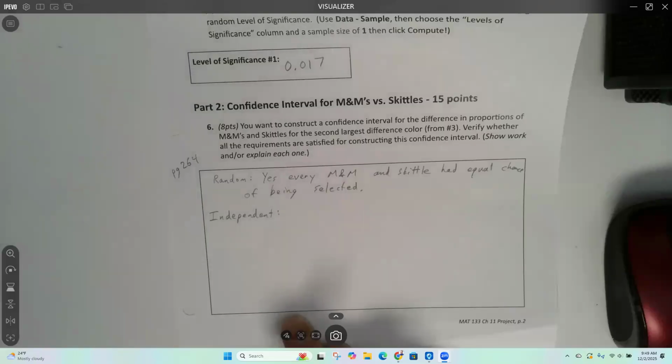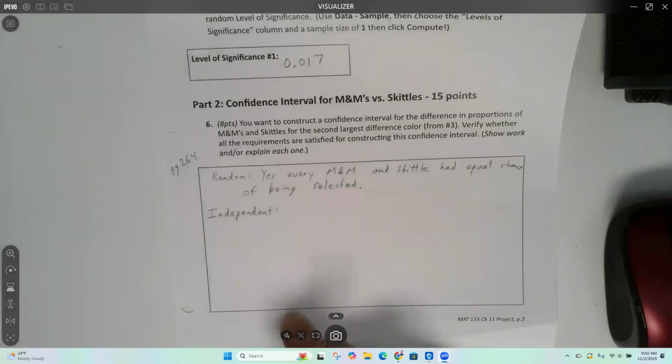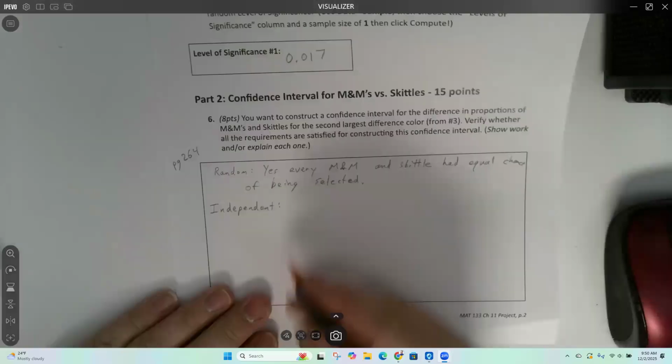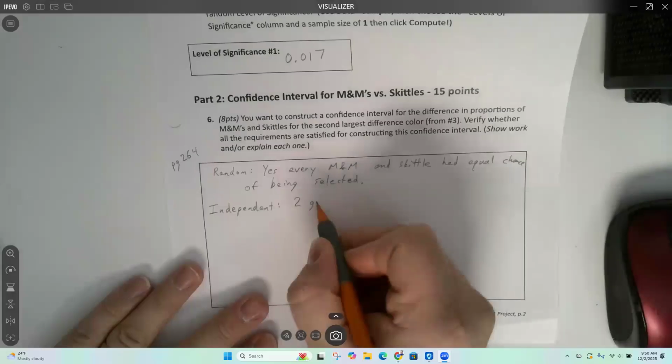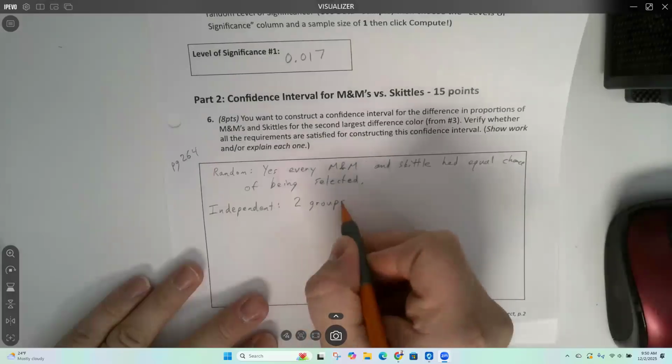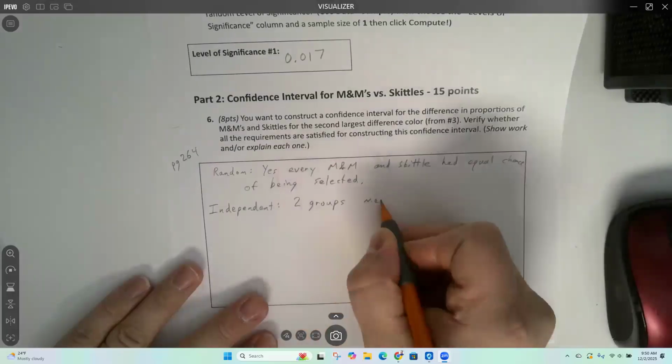That's a dependent example. And in that case, you have one group, one sample, measured twice. That's not what we have here. What we have here is two different samples measured once. Both of those are valid. And in this case, I'm going to write two groups measured once.